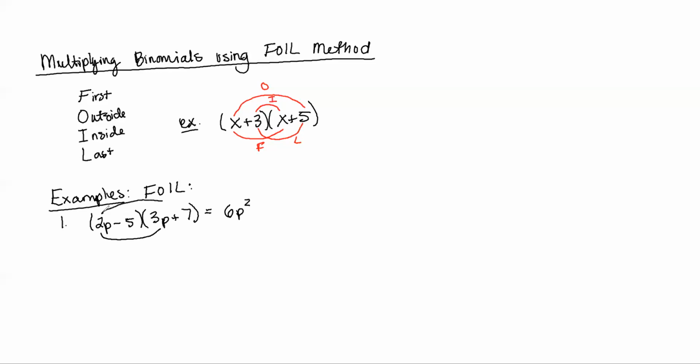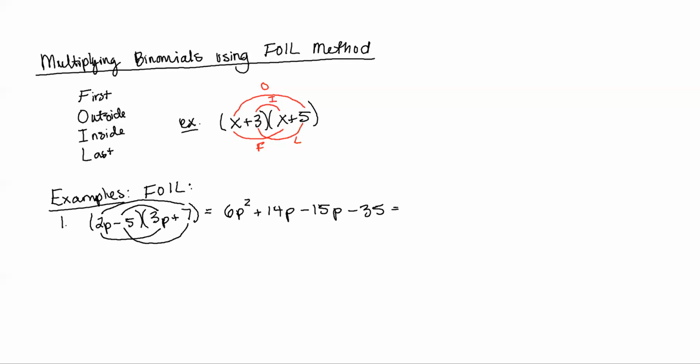The outside terms, 2p times 7 is positive 14p. Negative 5 times 3p is negative 15p. And then our last terms, negative 5 times 7 is negative 35. And we still have to combine like terms.